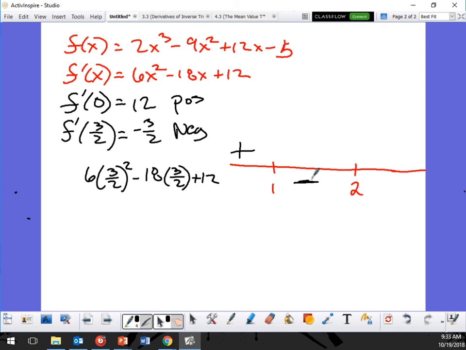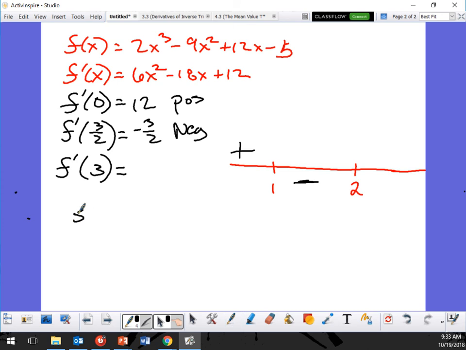Okay, so now we got to pick a number on the other side, don't we? So the number on the other side is going to be f prime of, let's say, 3. 9 times 6 is 54.